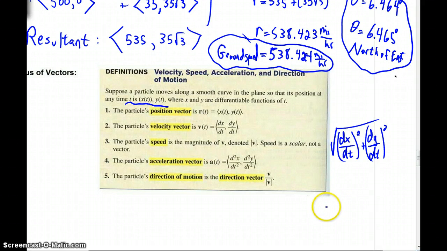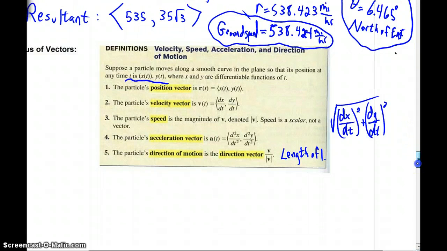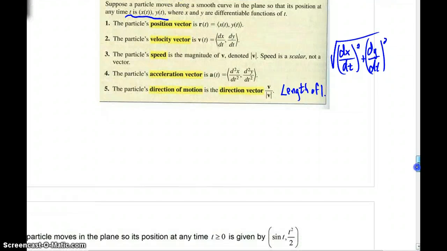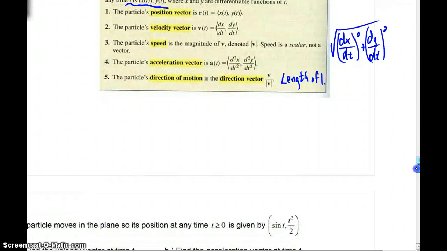Direction of motion is the direction vector, if they're ever asking us to find that. That would be the vector divided by its magnitude. This will always have a length of 1 when you have a direction of motion vector. Absolute value of v is the magnitude of v, so you're dividing that out. You'll just be left with a direction vector of length 1.